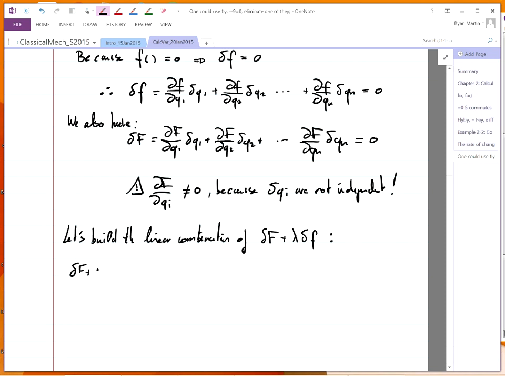lambda. So we have delta capital F plus lambda delta lowercase f. That's just rewriting what I have above.